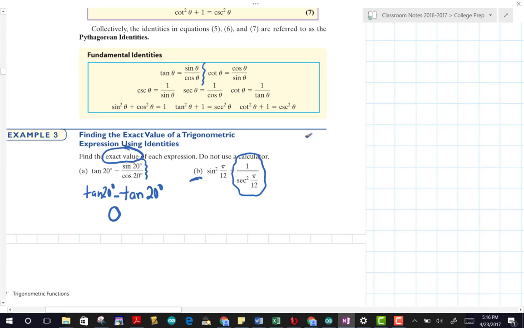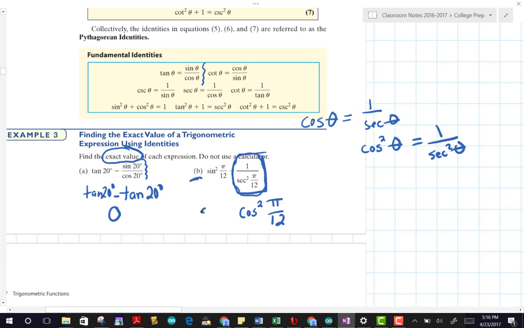So the same thing is true, that the cosine squared of theta is equal to 1 over the secant squared of theta. So 1 over secant squared here becomes cosine squared of pi over 12. So sine squared of pi over 12 plus cosine squared of pi over 12. That's my Pythagorean identity. Whoops, that wasn't a minus, that was a plus. My Pythagorean identity said that whole thing is just equal to 1.